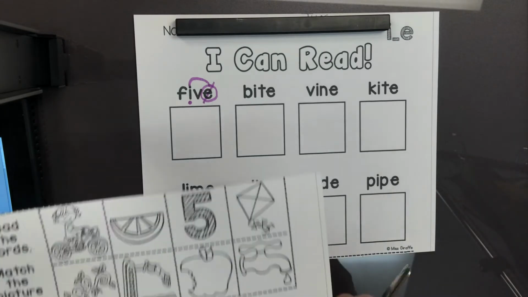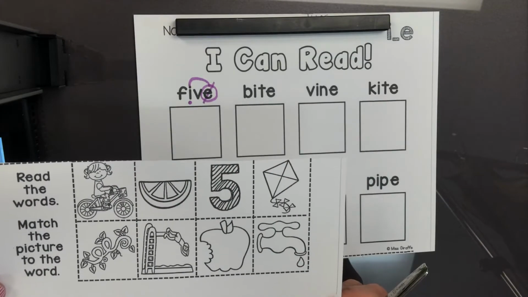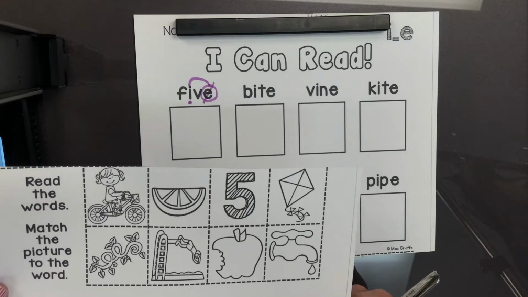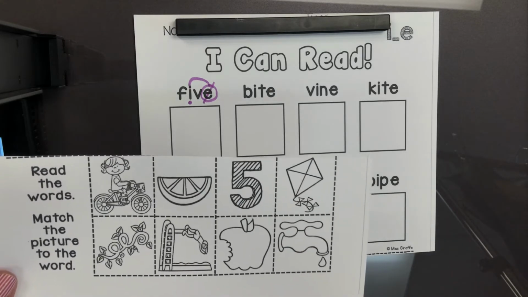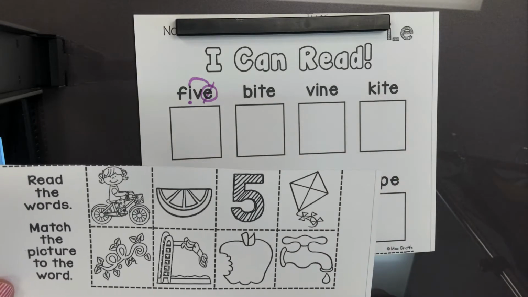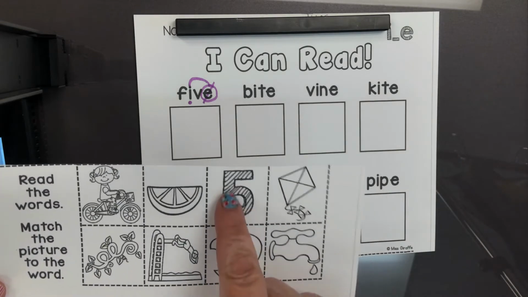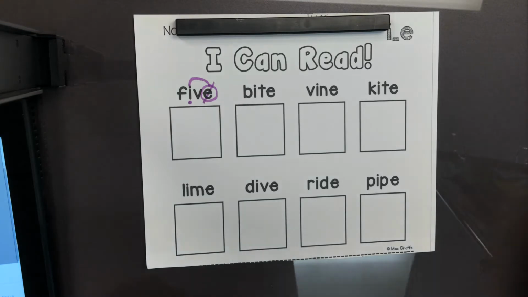I have some pictures here. I'm looking for the one that is the number 5. Do you see the number 5? Is it on the top or the bottom? It is on the top. It is above the apple. Here is number 5. We will cut it out and we will glue it underneath the word.